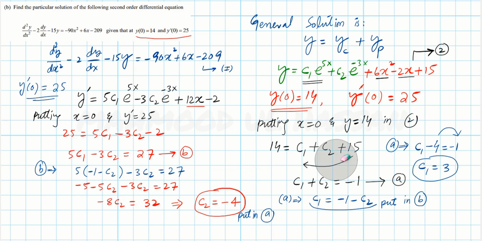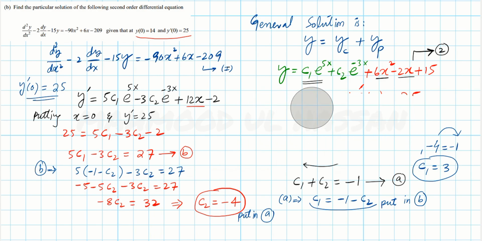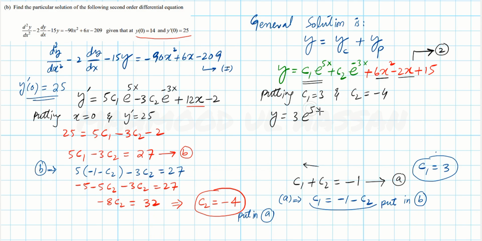So putting C1 is equal to 3 and C2 is equal to minus 4, the above equation number 2 will become, that is C1 is 3 e raised to the power 5x, and C2 is minus 4, so that is minus 4 e raised to the power minus 3x, then plus 6x squared, then minus 2x, and then plus 15.